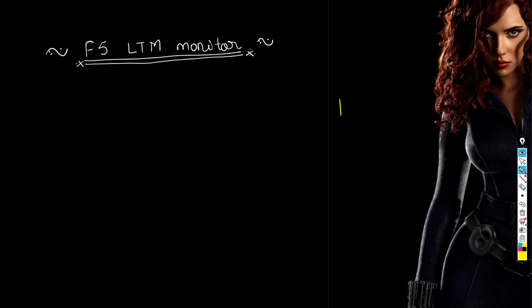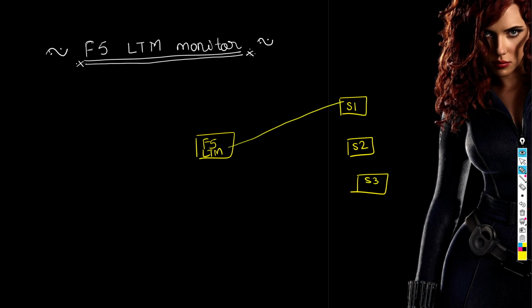Whenever we have multiple servers connected here, this is your F5 LTM, and there are three servers S1, S2, and S3, which are serving the request, responsible for the traffic.